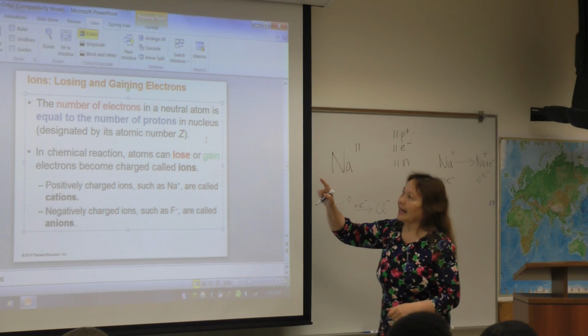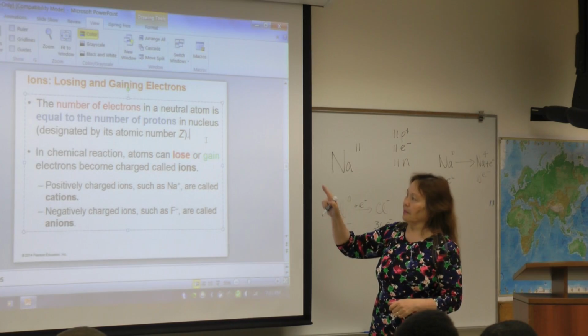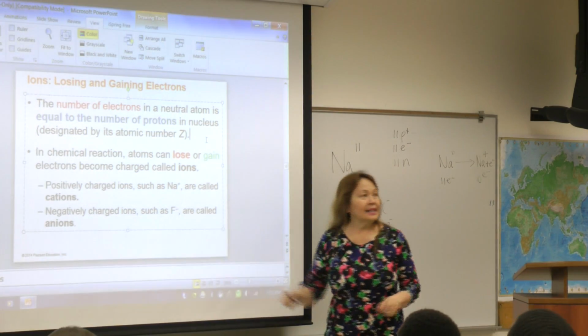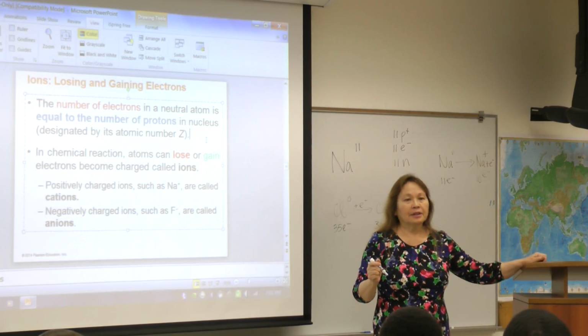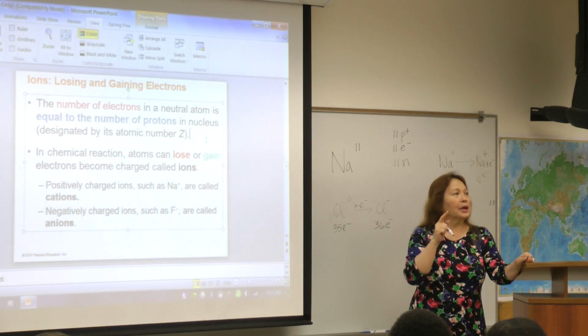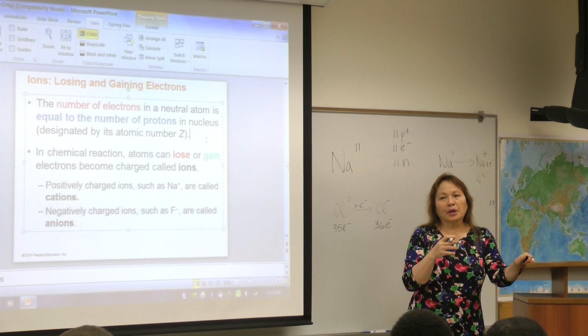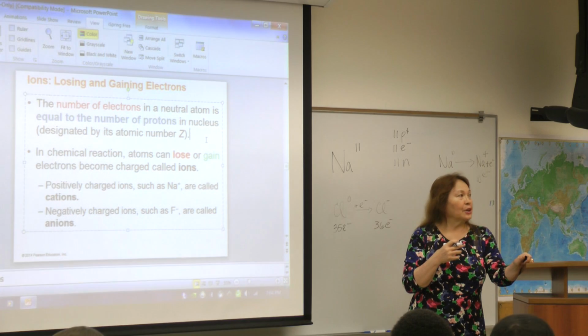So ions can lose or gain. Sodium plus, or the example used there, fluorine, we call fluoride. Once they gain an electron, we don't call it fluorine or chlorine anymore, we call it fluoride or chloride.